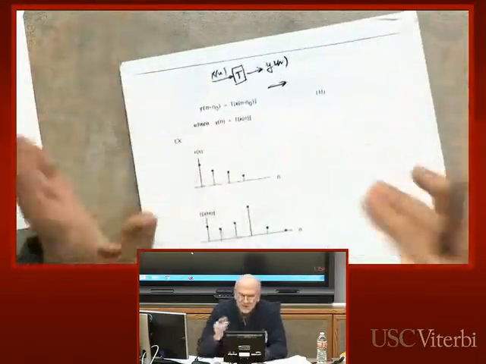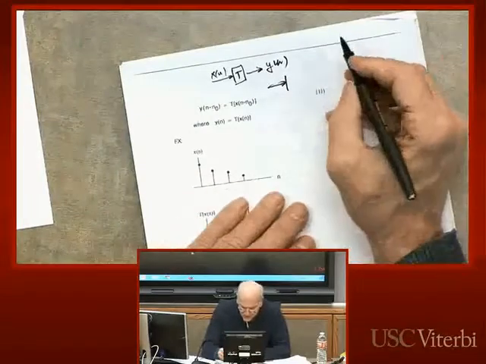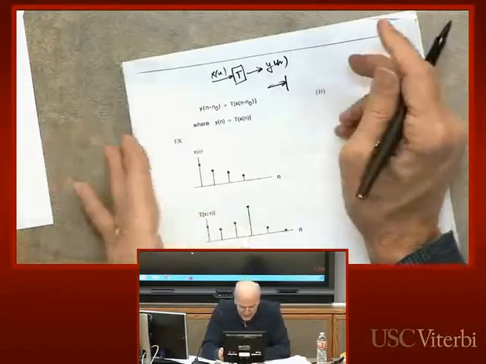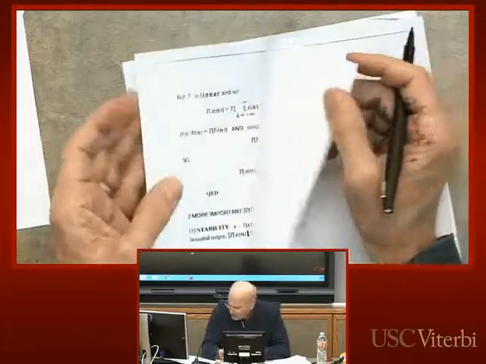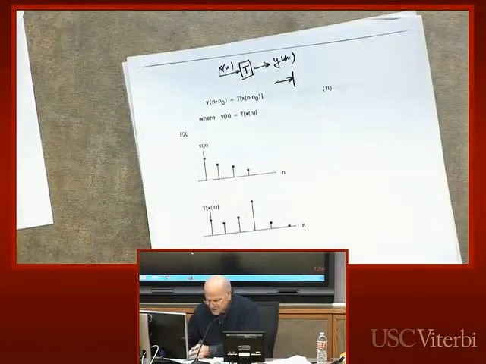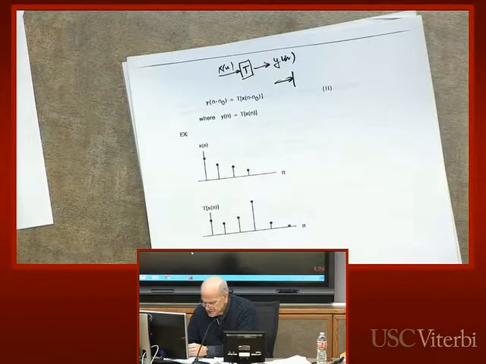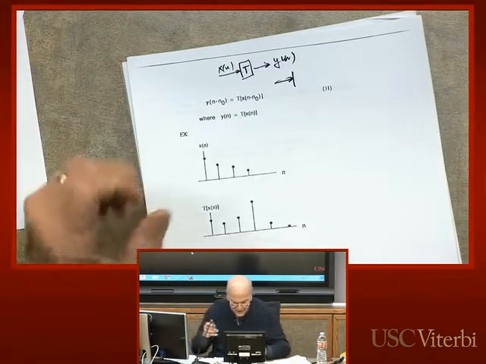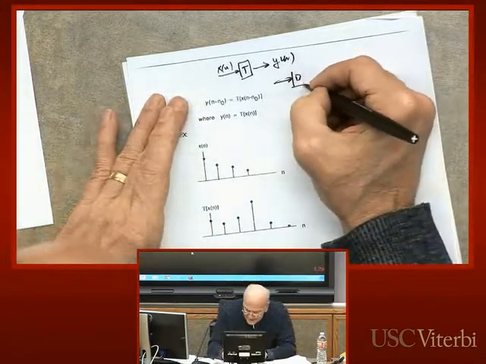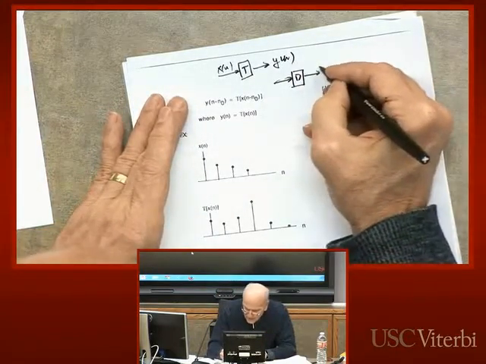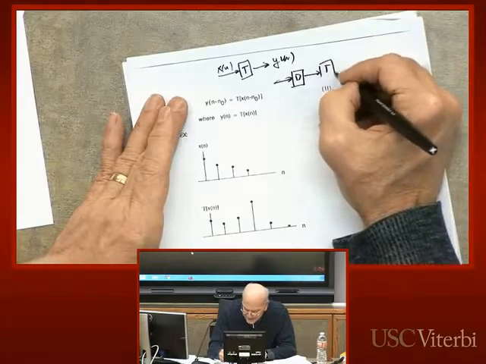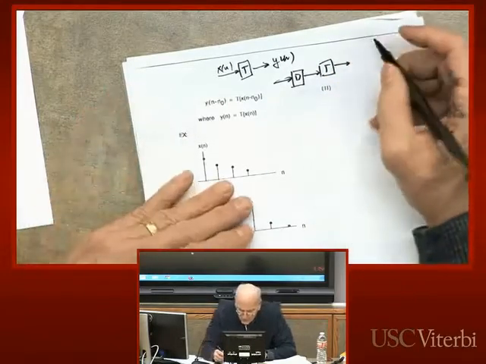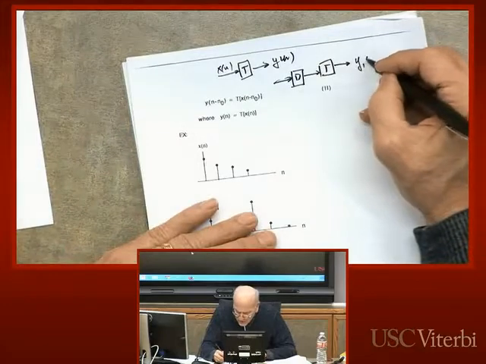Actually, this lets me introduce another notation we use in block diagrams. What should I call this? Bear with me a second. I'll call it D. And then that goes into T, and out will come, we can call it y1 of n.